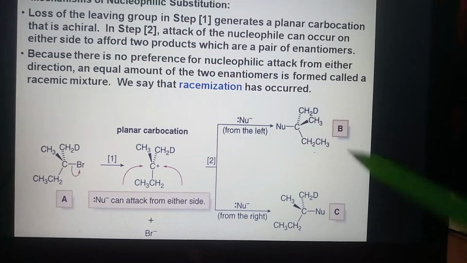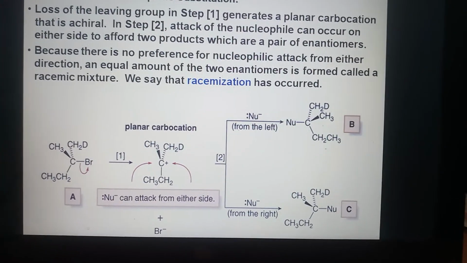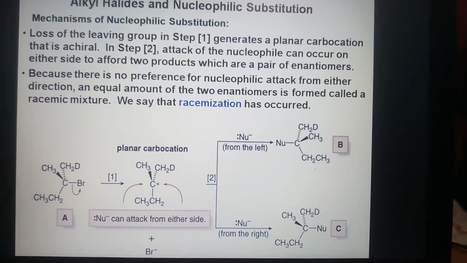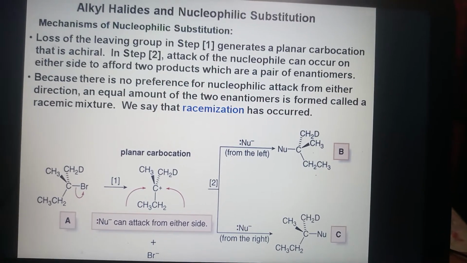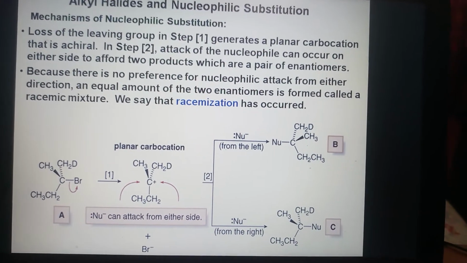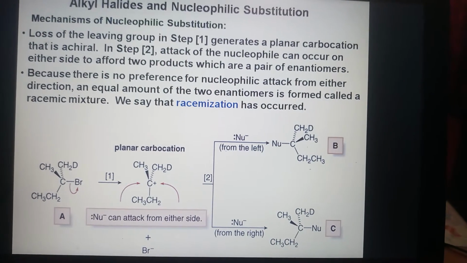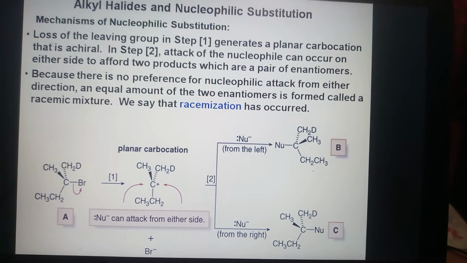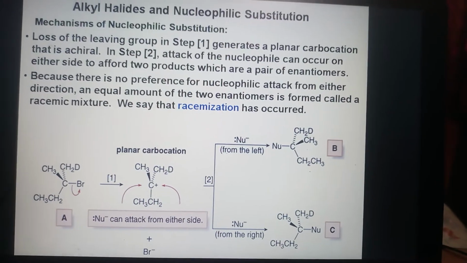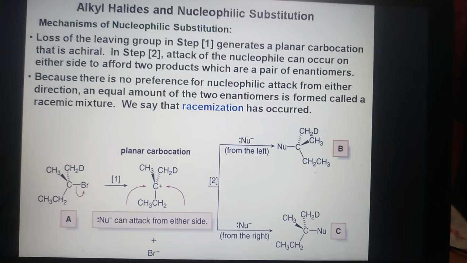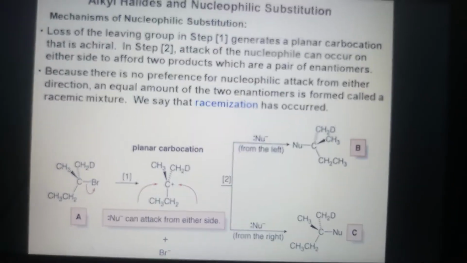So you can see they are a pair of enantiomers, because there is no preference for nucleophilic attack from either direction. An equal amount of 2 enantiomers is formed, called a racemic mixture. We say that racemization has occurred in the SN1 reaction mechanism.